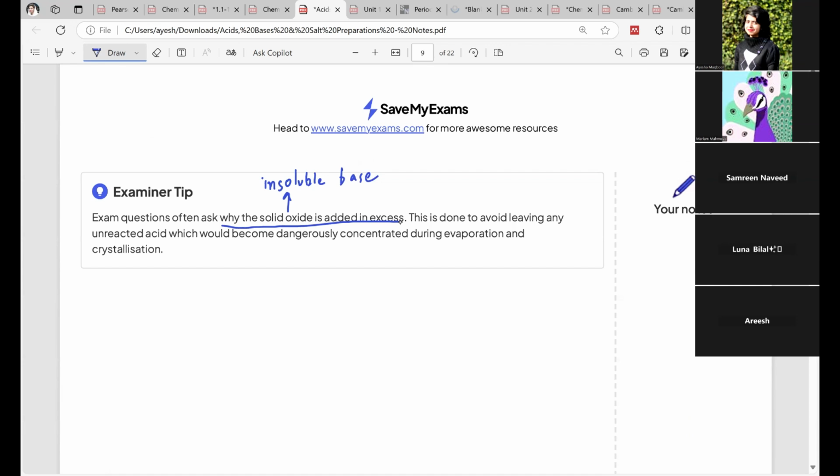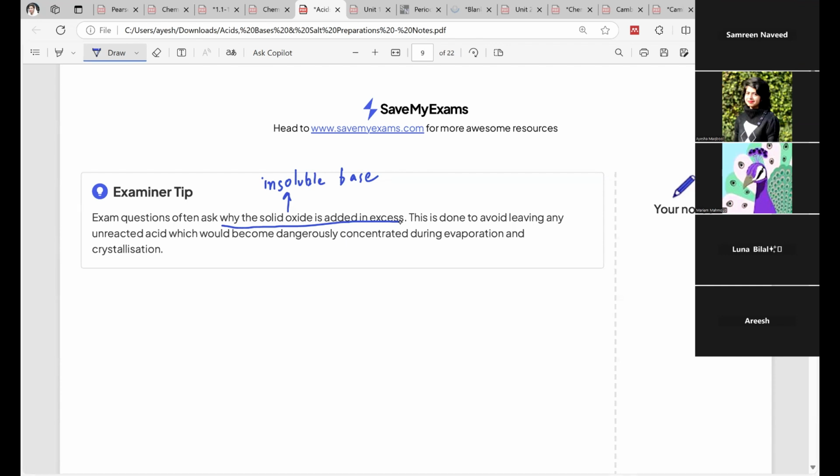It's a risky thing to do, so we don't want that. That's right, perfect. Who else can say the same thing? Why is the insoluble base used in excess in this reaction?